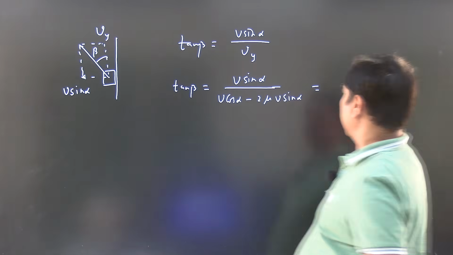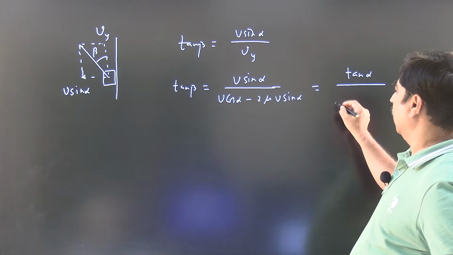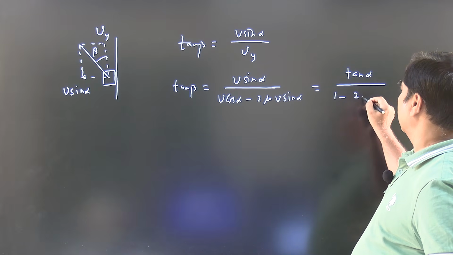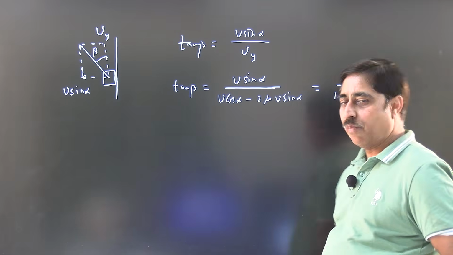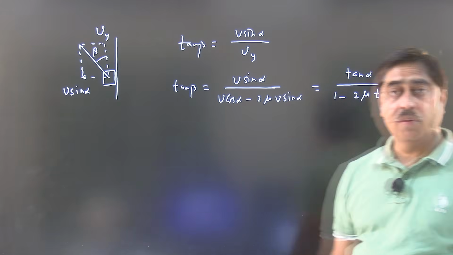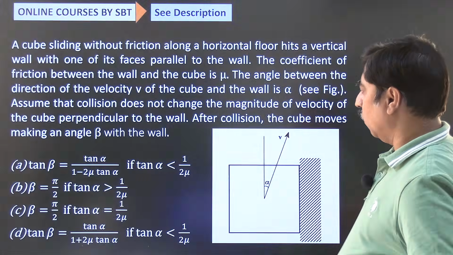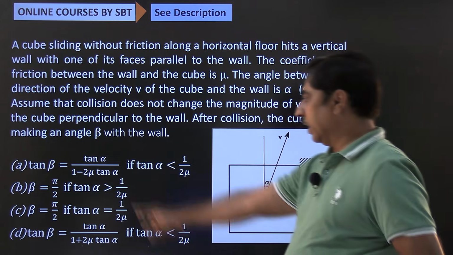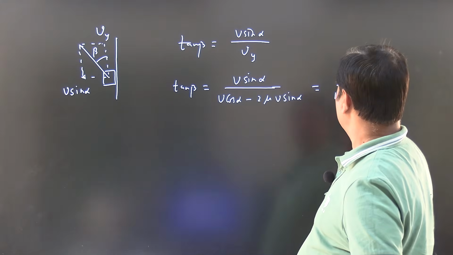Of course, you can write it like this, tan alpha by 1 minus 2 mu tan alpha. So, this is the value of tan beta. One of the options says that tan beta is equal to tan alpha by 1 minus 2 mu tan alpha.